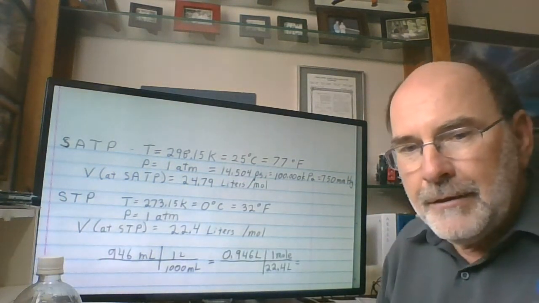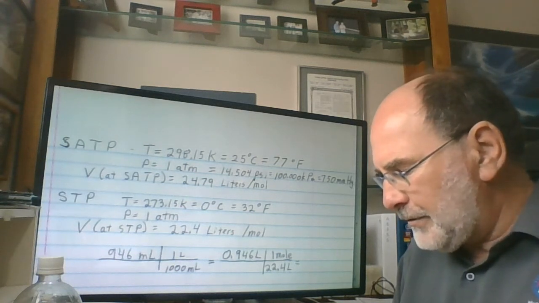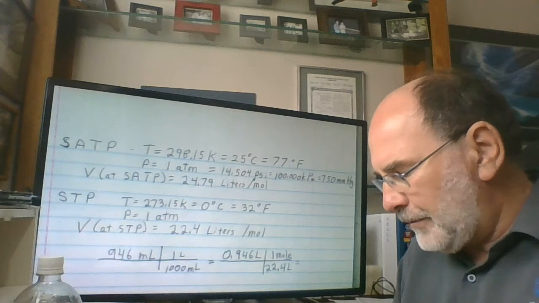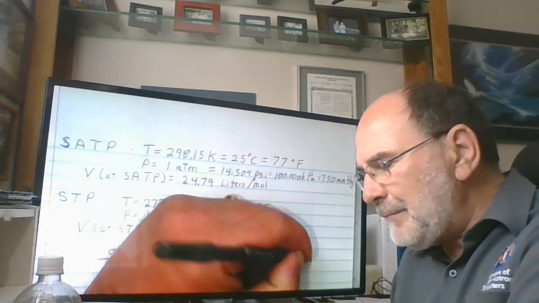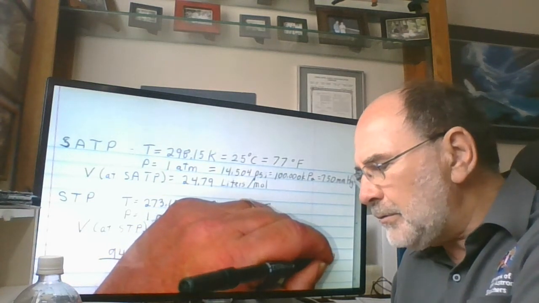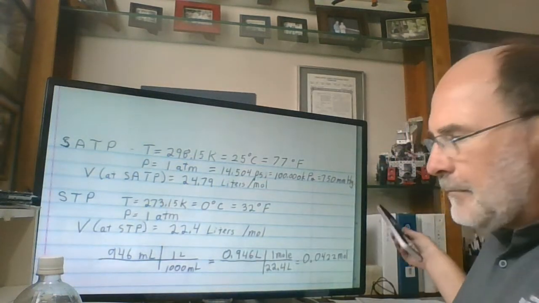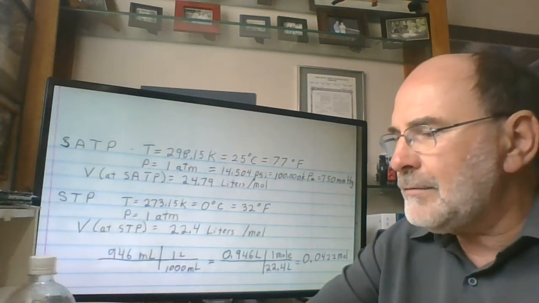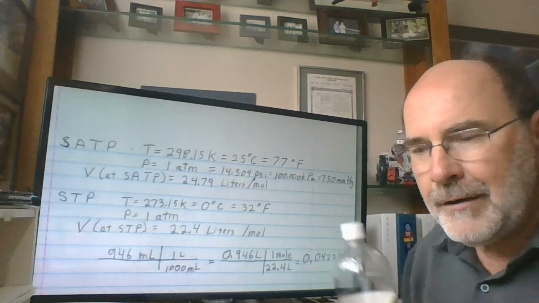It's a ratio that says 0.946 out of 22.4 means I get 0.0422 moles of gas would fit into this vinegar bottle if it were empty. Not much. A mole is much larger than this in volume.